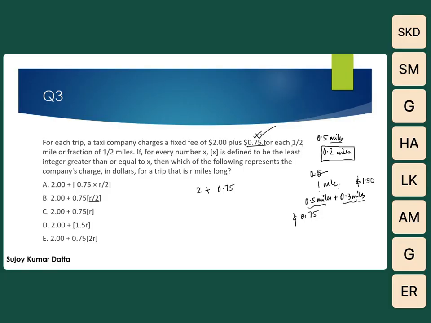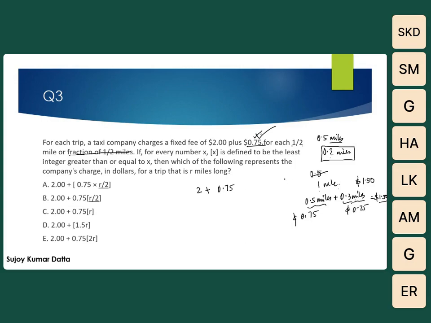For this, which is a fraction of half a mile, here also you are going to pay 75 cents again. Not on a pro rata basis, but for the entire half a mile it will charge. That's what they are trying to say. So you will still end up paying $1.50. Okay, that's the basic idea.